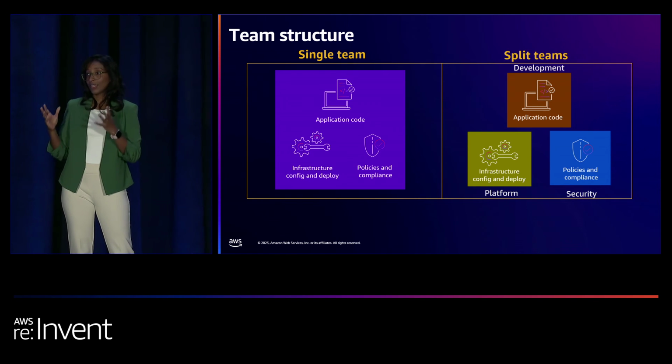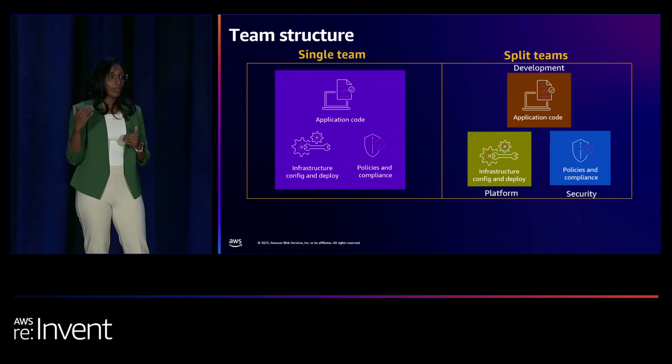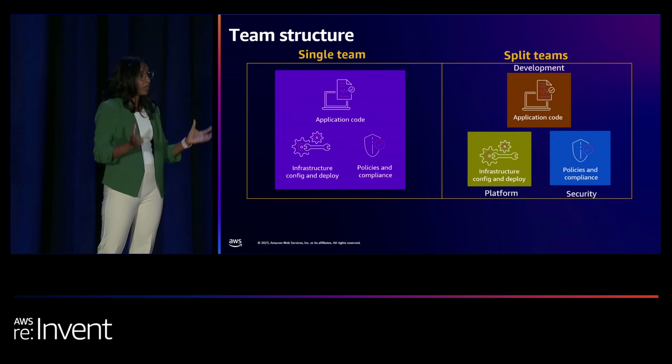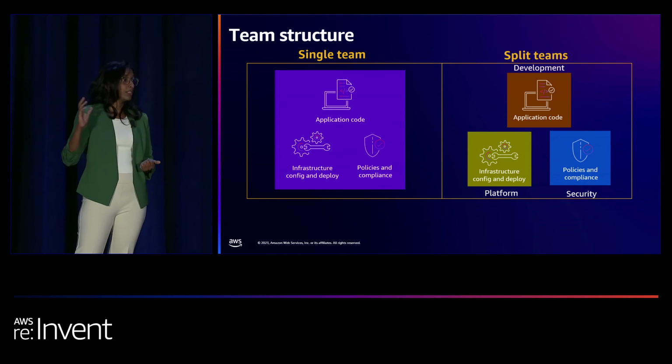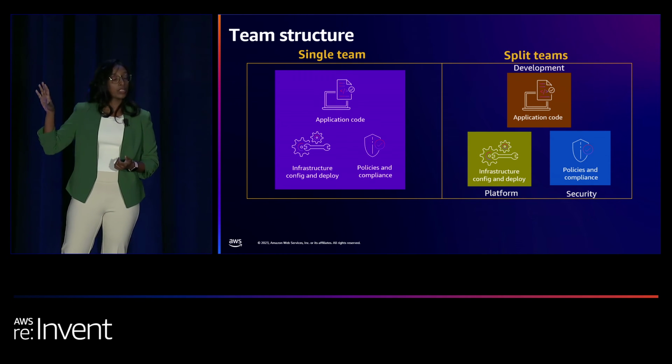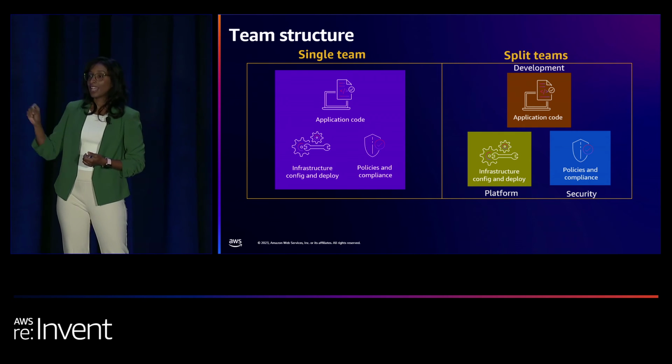This might look like an easy model and ideal, but to get all those skill sets within that one team is not easy. And that is why we see many organizations use separate teams, each owning different aspects.